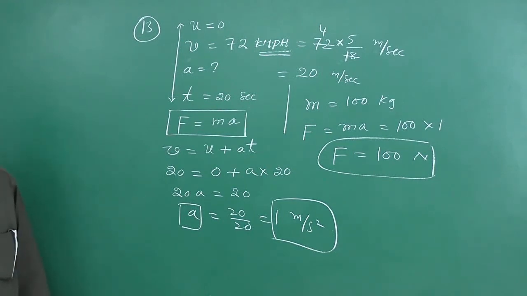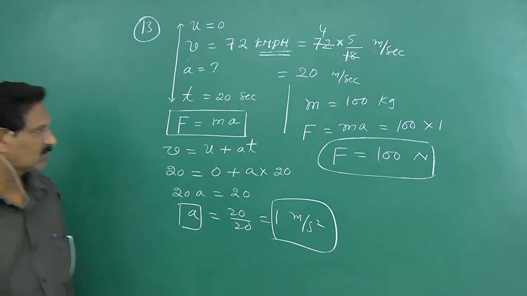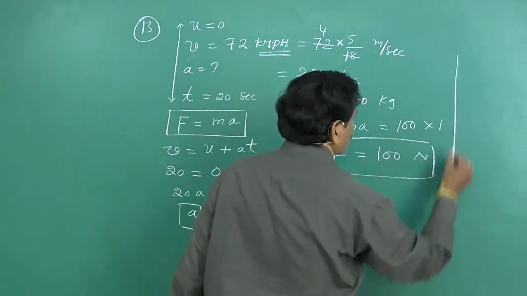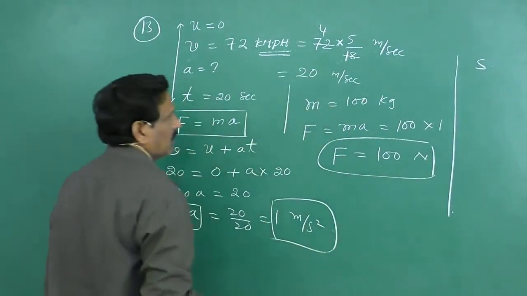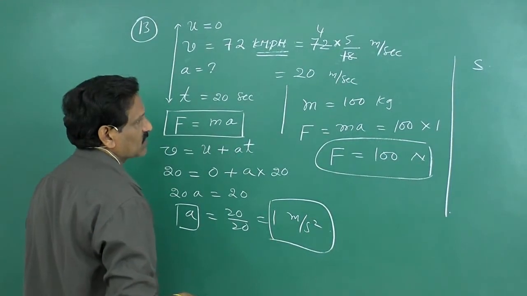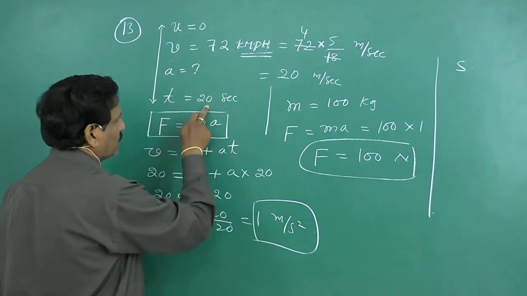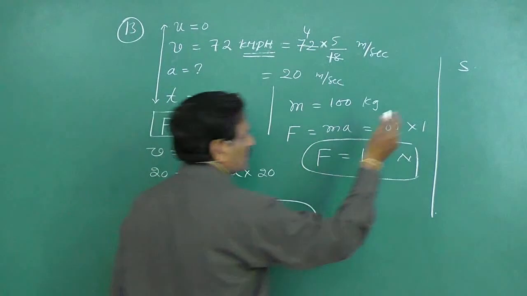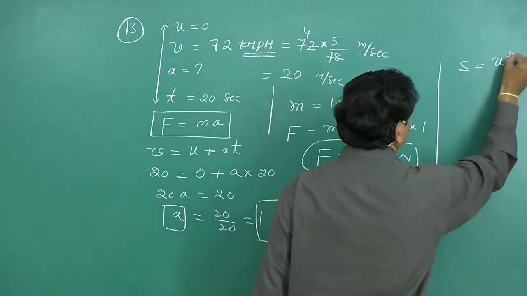In the second part, we have to calculate the distance covered by the car. Distance, that is S. To find the distance covered during a time of 20 seconds, we can use the formula S is equal to ut plus half at square.